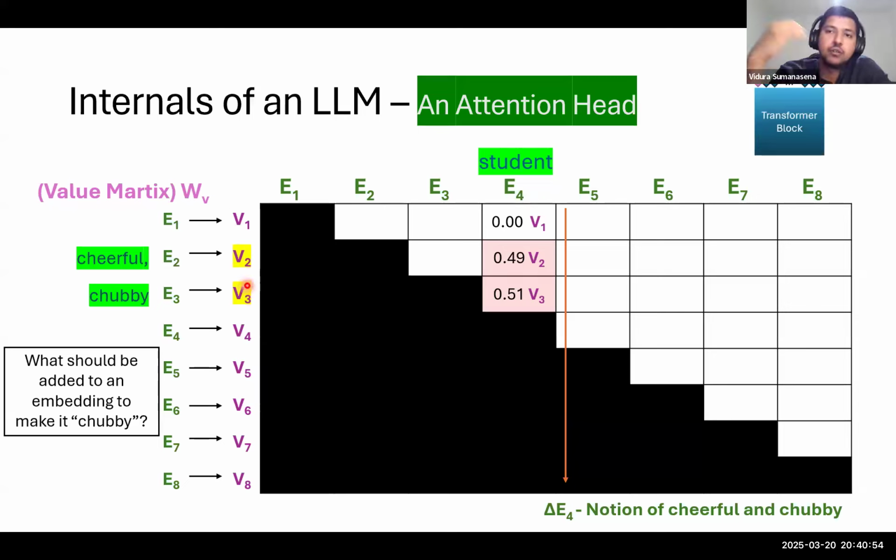If your text is not really descriptive, then the changes that attention heads add to each of these words have less meaning.